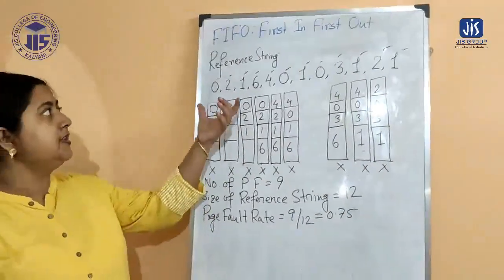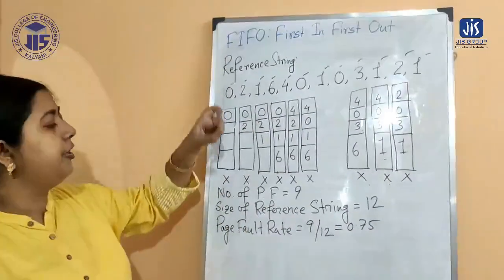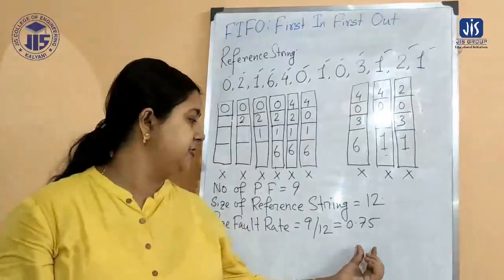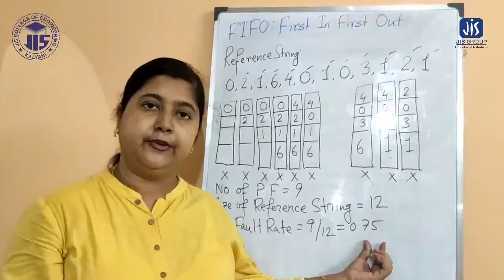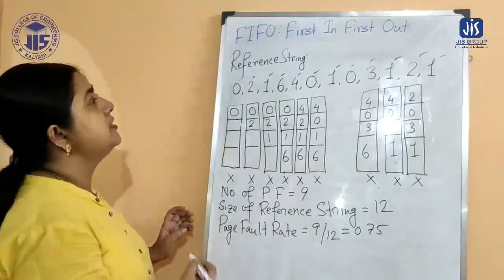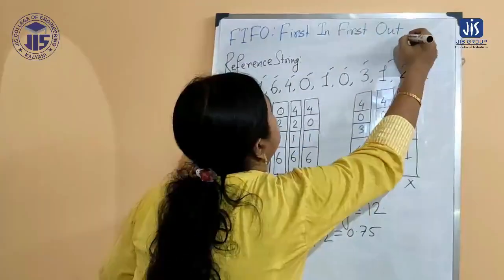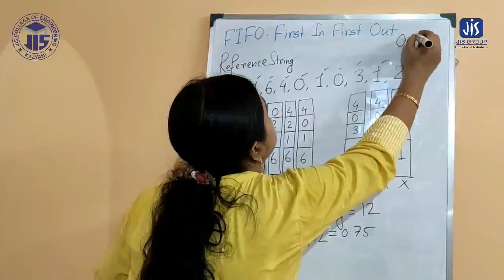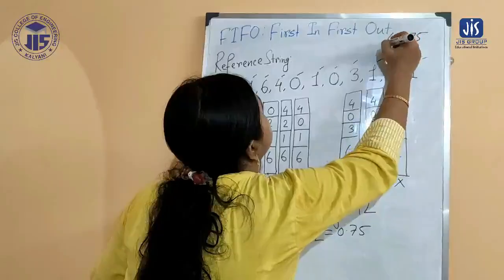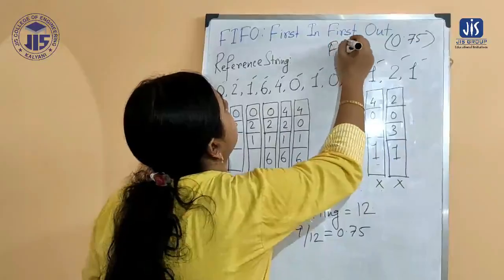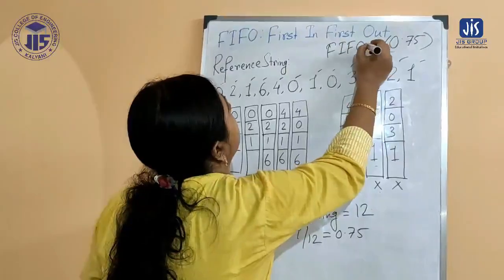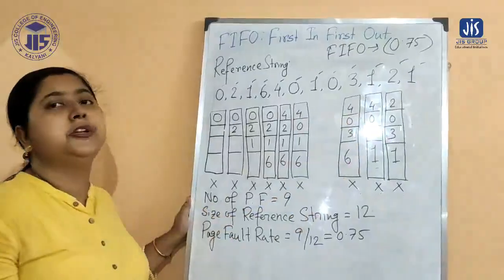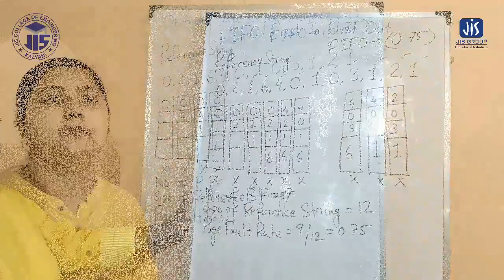So for this reference string using the FIFO algorithm, the page fault rate is 0.75. Just for remembering this, I have written here that the page fault rate for FIFO for this particular reference string is 0.75.